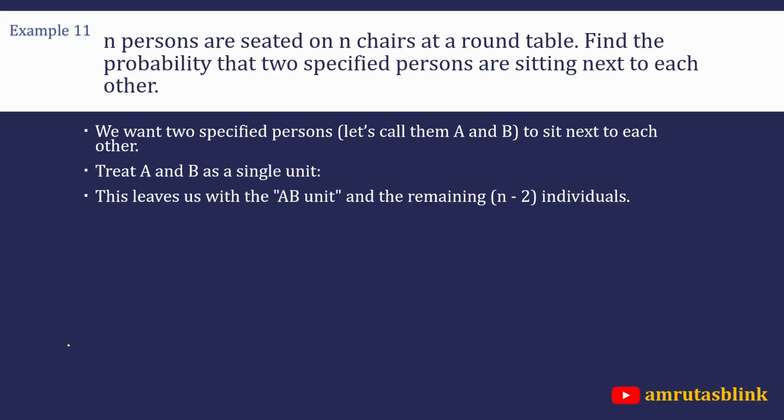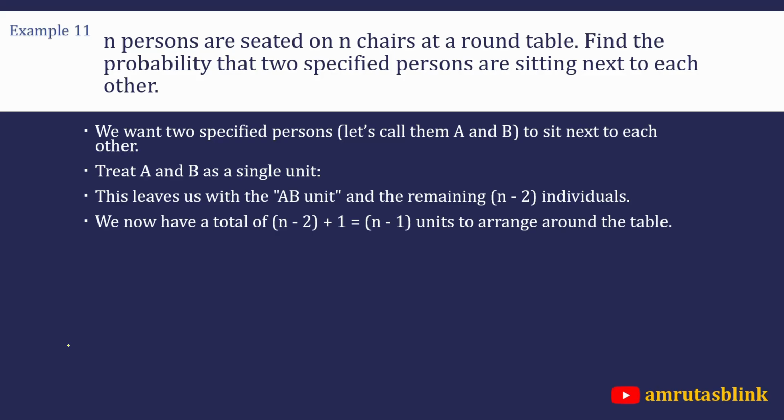Hence total number of arrangements will be, now initially it was n minus 1. So n minus 1 minus 1, that is n minus 2 individuals. So total number of arrangements will be n minus 2 plus 1, that is n minus 1 units will be arranged on the round table.